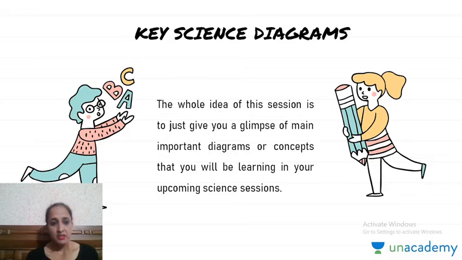So this session that I'm taking today is on key science diagrams. Though I'm not picking all the diagrams from your book, I just picked 5 important diagrams to understand different concepts. The whole idea is that to understand a concept, you have to have a diagrammatic representation of it.